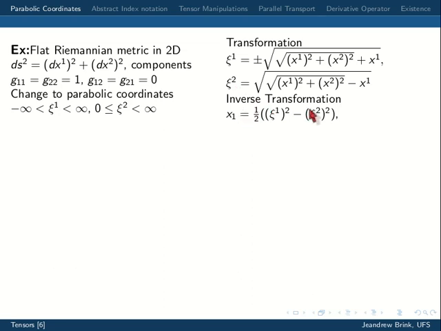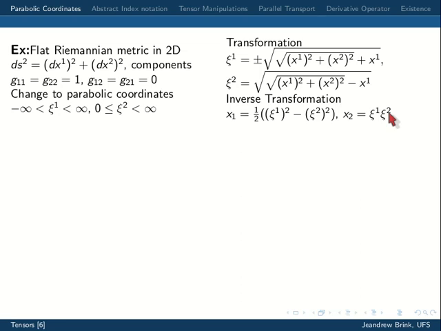In this particular case, it's possible, though it's not always possible, to get the inverse transformation. Given the transformation of the barred coordinates, which I've called xc, as a function of the original coordinates x1 and x2, I can now get the inverse transformation explicitly: x1 is a half of xc1 squared minus xc2 squared, and x2 is xc1 times xc2.